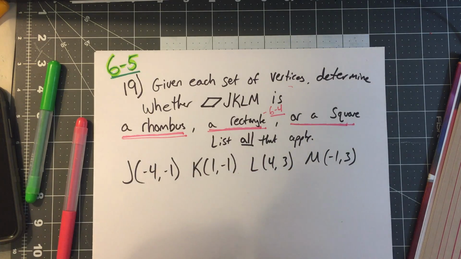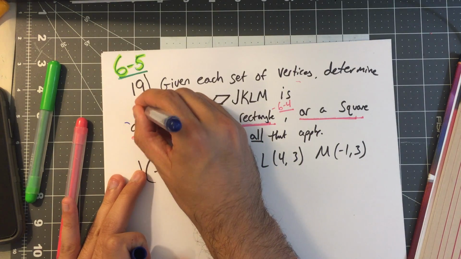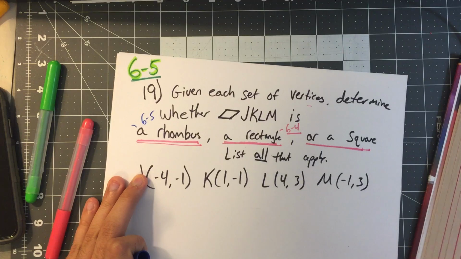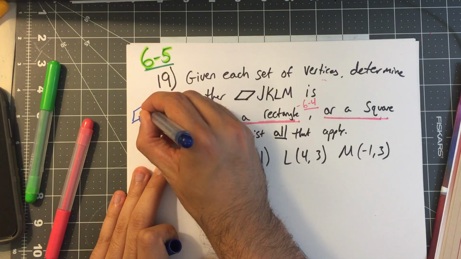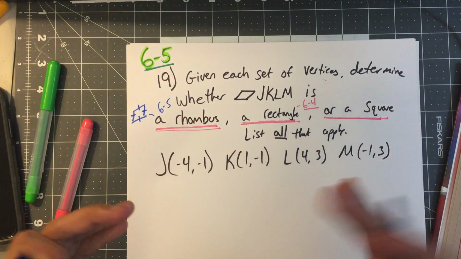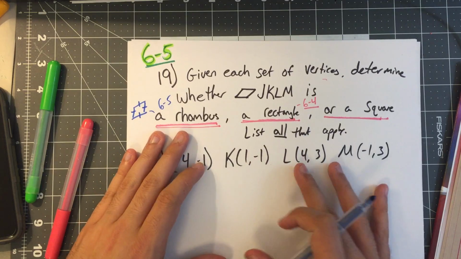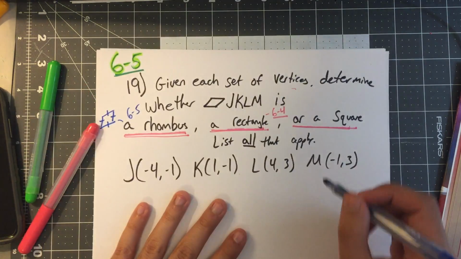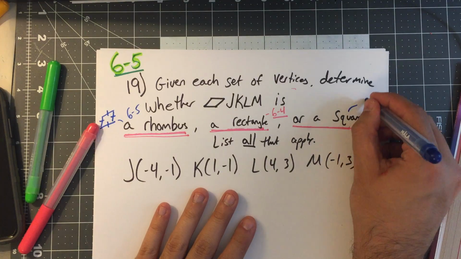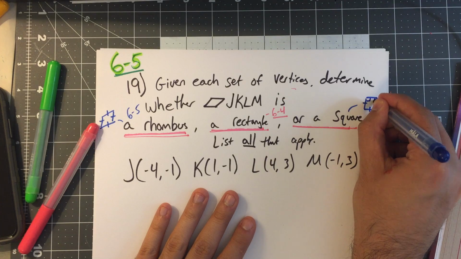Rhombus and square came from 6-5. All a rhombus is, is a four-sided shape with all sides matching. It doesn't matter how it's oriented; it could be slanted, but the idea is that all the sides match. And of course, you know what a square is: all the sides match, and all angles are 90.